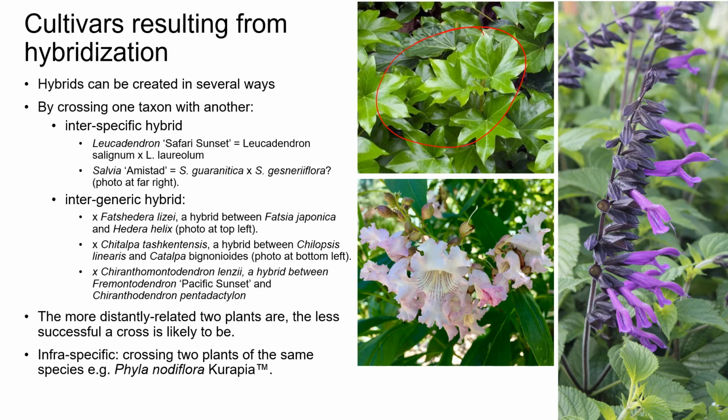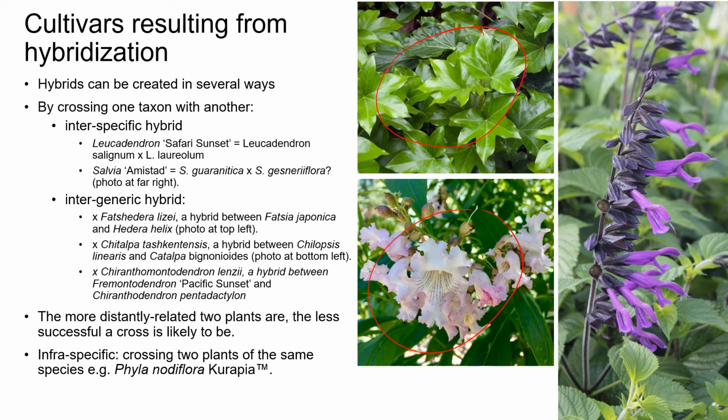Catalpa ×erubescens, pictured here, is a hybrid between Chilopsis linearis and Catalpa bignonioides. Another intergeneric hybrid that we have in the garden at Cabrillo is ×Chiranthofremontia lenzii, which is a hybrid between our native Fremontodendron 'Pacific Sunset' and Chiranthodendron pentadactylon.